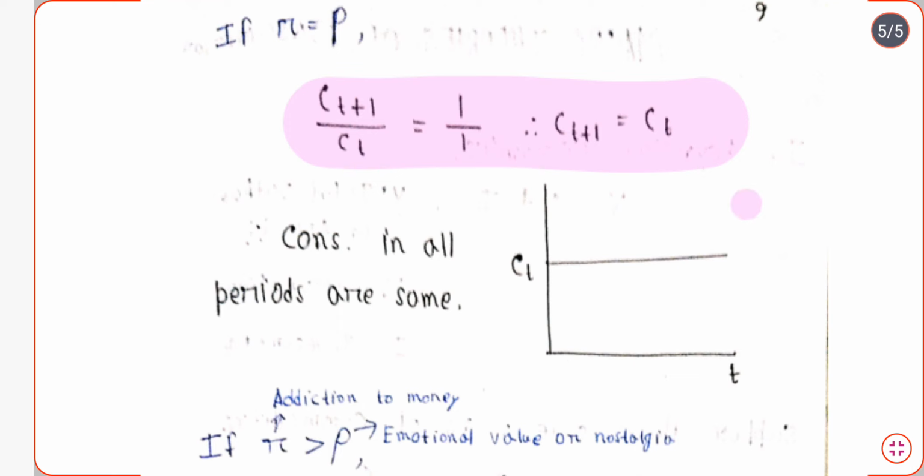So consumption in T period and consumption in T plus 1 period are same. So consumption in all the periods is the same. So this will give a linear curve, horizontal to the x-axis.